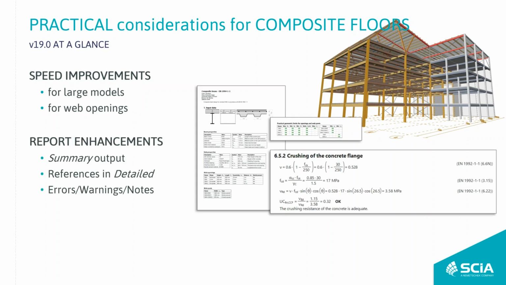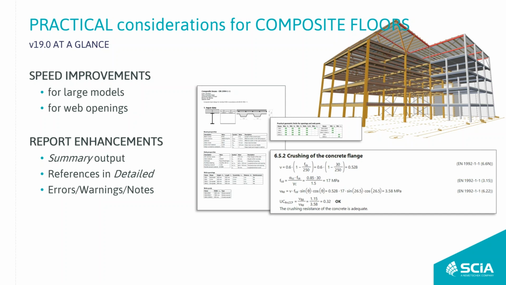Once the calculation is done, you get some report. Here we also spent our capacity and time to further improve the outputs which are coming from the calculation. So we improved the summary output. We added references into the detailed output to easily track what's calculated and where you can find it in the Eurocode.